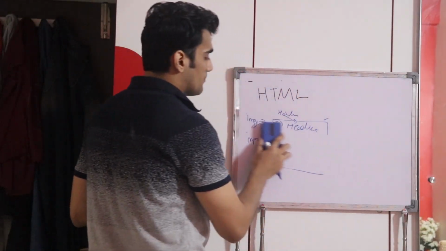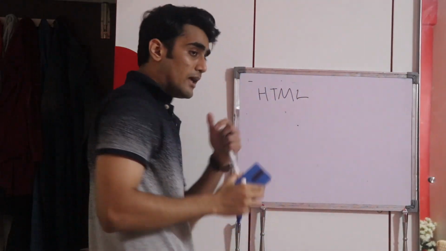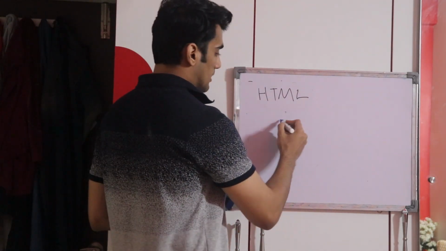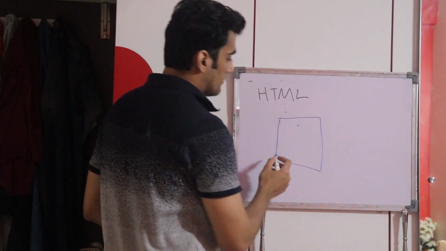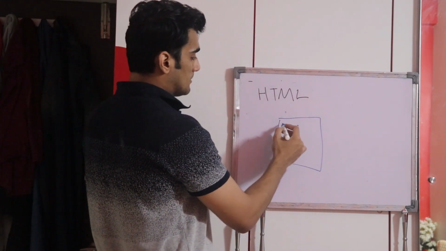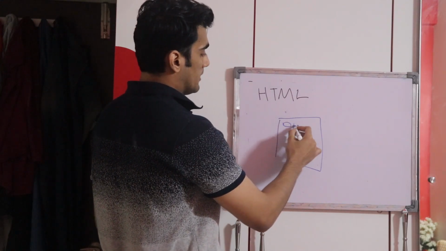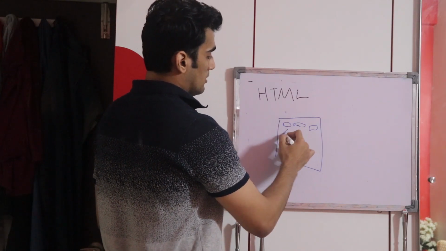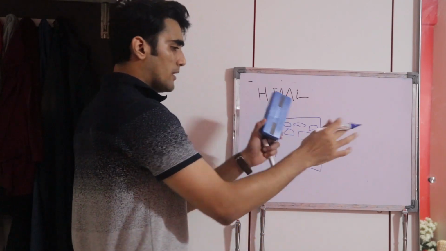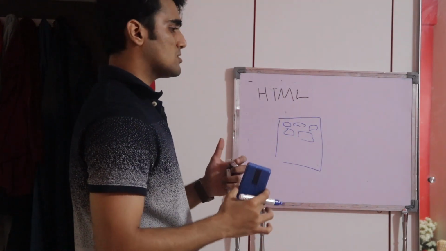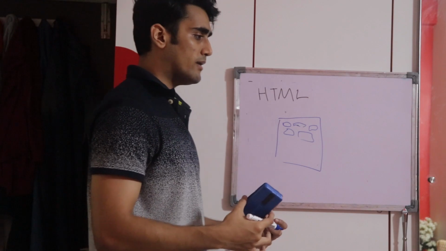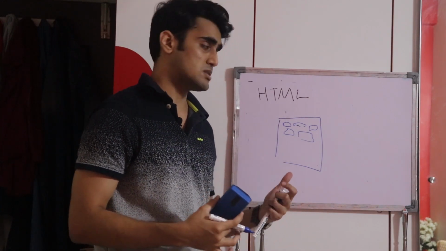HTML is like we tell the browser that these are the elements which are present on the web page. If we are dependent only on HTML, and we give a heading, logo, image, and an input and a button, they will be placed in the default manner, whatever the browser understands.